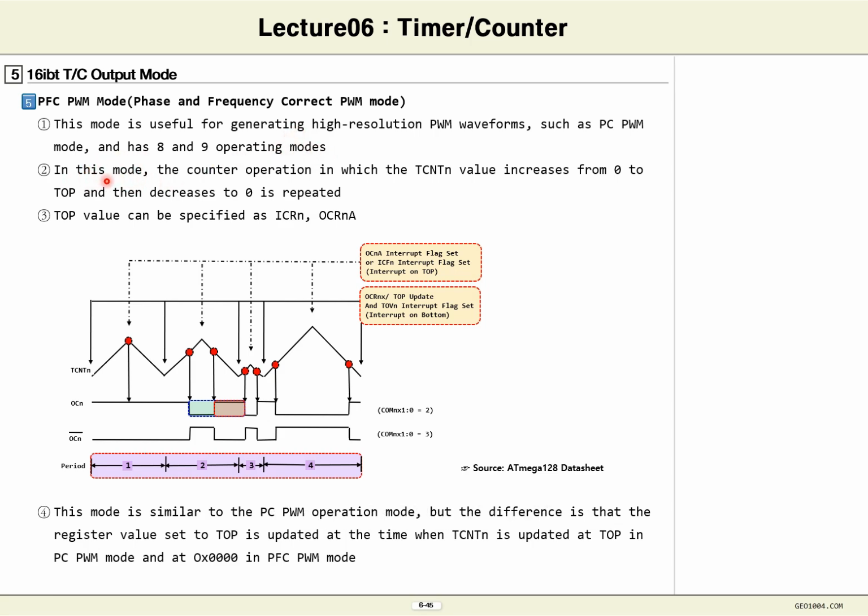In this mode, the TCNT value increases from 0 to top during counter operation, and then decreases to 0 again. The applicable top value can be set by ICRN and OCRNA.